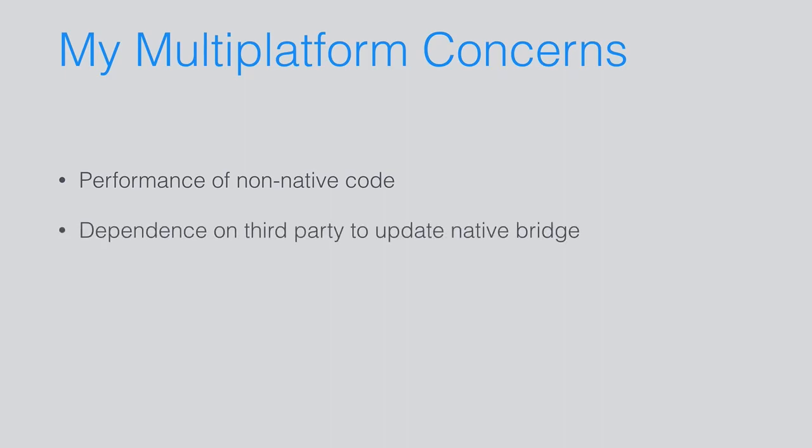Dependence on third parties to update: Apple or Google comes out with new UI elements, SwiftUI is an example, and there's this new thing I'd like to use, but I have to wait for this third party to update their library. Long-term maintenance, of course, you don't want somebody abandoning something that you base stuff on. And full team buy-in, which is a concern with anything that affects all of the team like that.